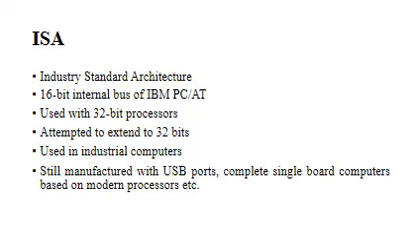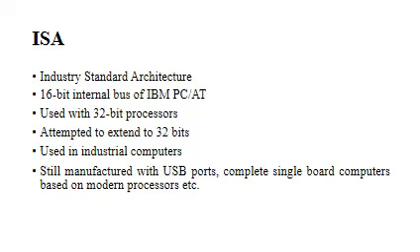Even though ISA disappeared from computer desktops many years ago, it is still used in industrial computers where certain specialized expansion cards never transitioned to peripheral component interconnect, that is PCI, and PCI Express.